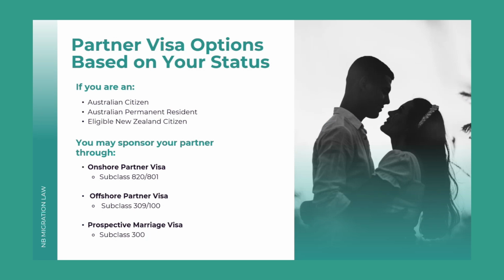For a partner visa, we need two people. Firstly the sponsor, and secondly the applicant. For the applicant to apply for a partner visa, we need a sponsor. The sponsor needs to be either an Australian citizen, a permanent resident, or an eligible New Zealand citizen.